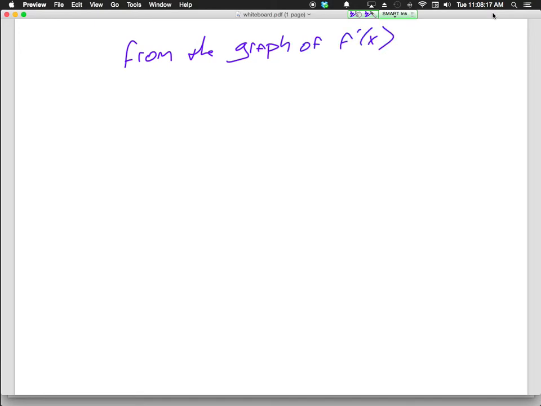All right, so what are some things we can figure out from the graph of f prime? Pay attention, please. Concavity. How do we figure out concavity, Alex? Where it's increasing or decreasing. Okay, increasing or decreasing gives me concavity. All right, what else?